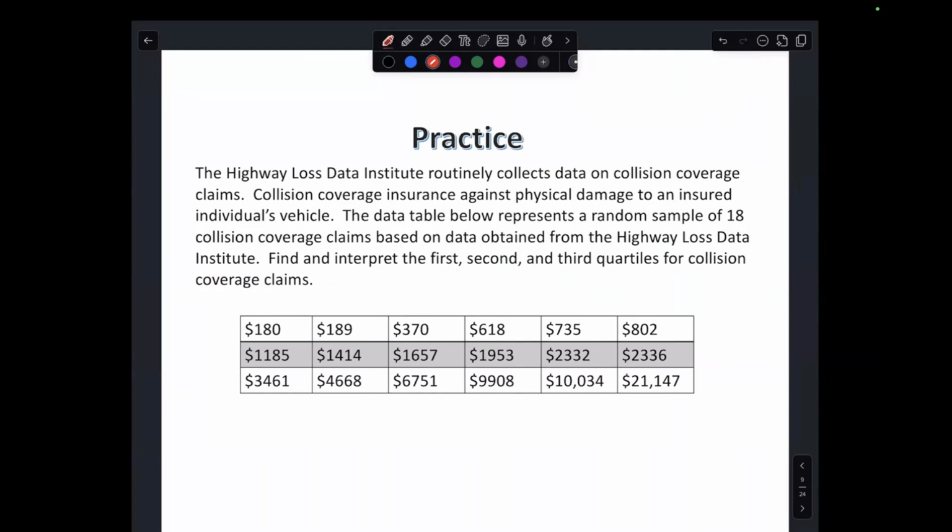It's a random sample of 18 claims, and we want to know where Q1, Q3, and the median are. I'm going to give you a second. I would like you to try this. There are 18, so that tells you how to count them. Go ahead and find Q1, Q3, and the median, not in that order. I will work quietly behind you.